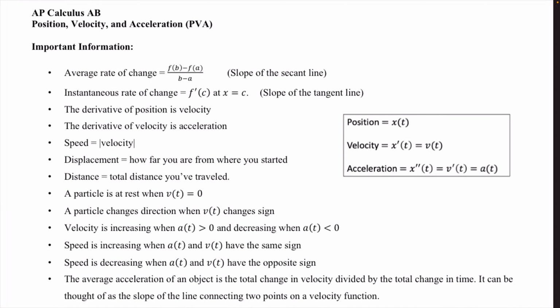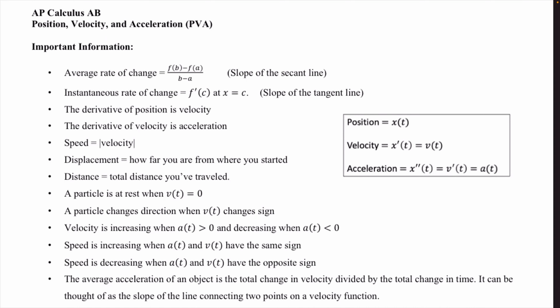Velocity is increasing. When are we picking up speed? When is velocity getting bigger and bigger? When acceleration is positive. Think of stepping on the gas pedal. And decreasing is when acceleration is negative. Increasing, acceleration positive; decreasing, acceleration negative.